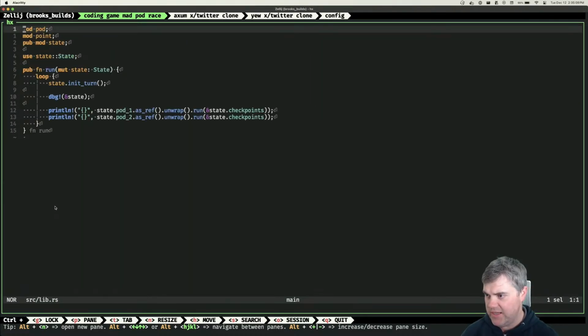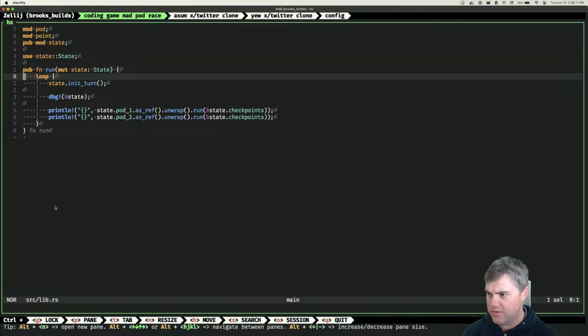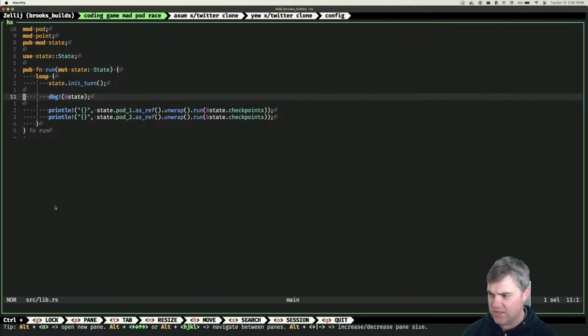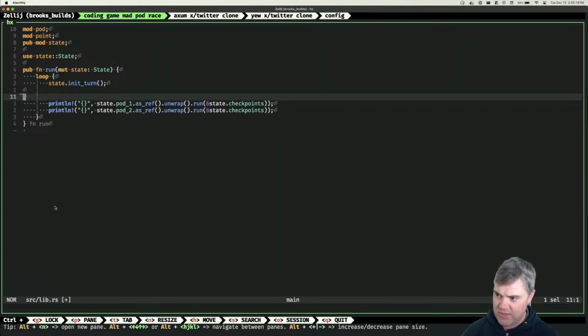I probably want the main library. In loop, we have the state, init turn. I don't want to debug the entire state.